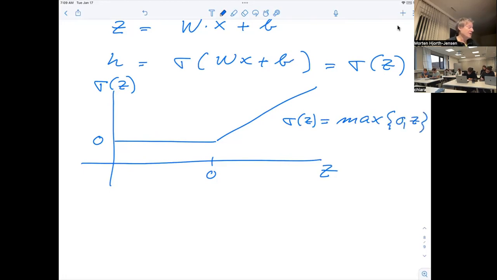This function also has a very simple derivative, as you will see, and we are going to set up these different activation functions and make a list of them. But let me just set up the derivative here, which is actually just a constant. So in this specific case, sigma prime of z is equal to 1 for z larger than 0.